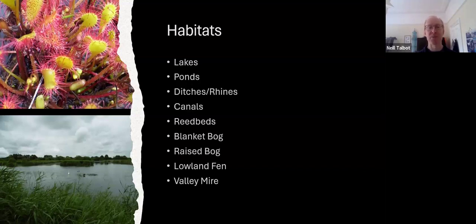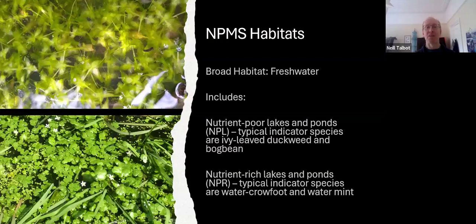As far as the NPMS goes, this talk is focusing more on the broad habitat, freshwater, and then two specific habitats: nutrient-poor lakes and ponds, and nutrient-rich lakes and ponds.